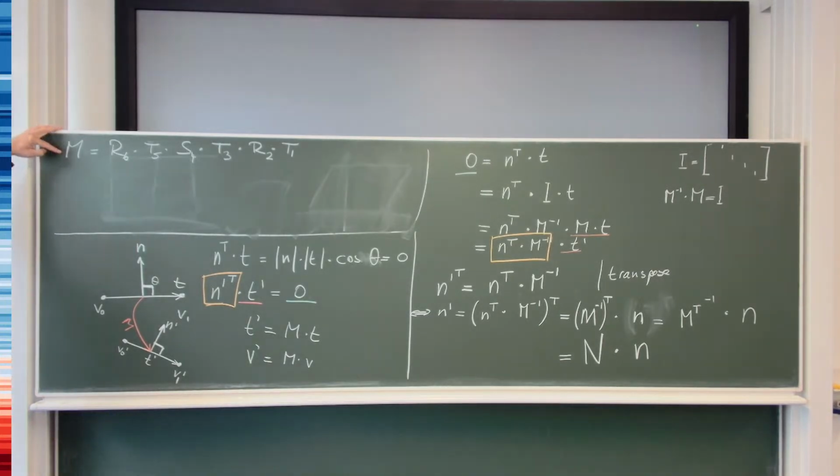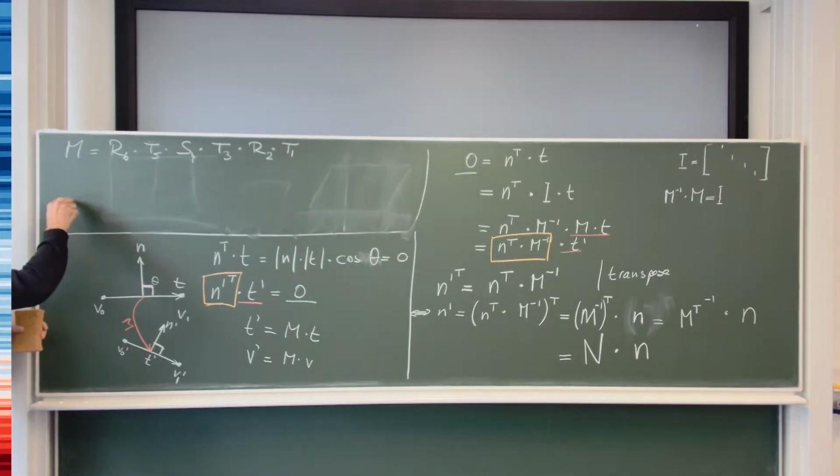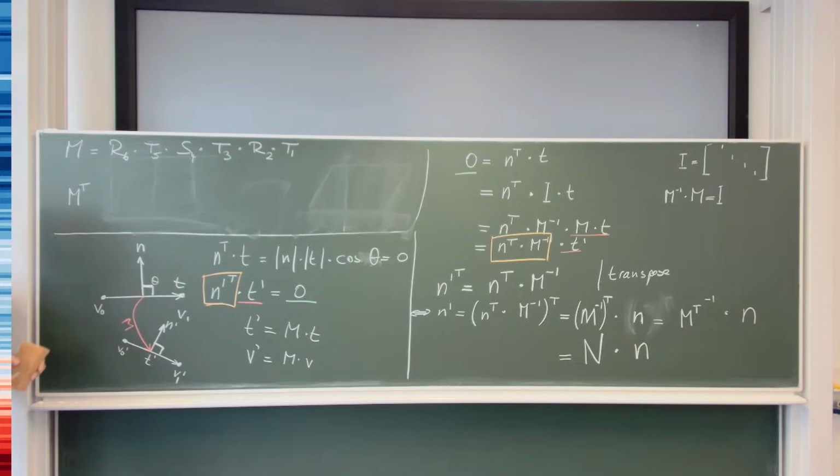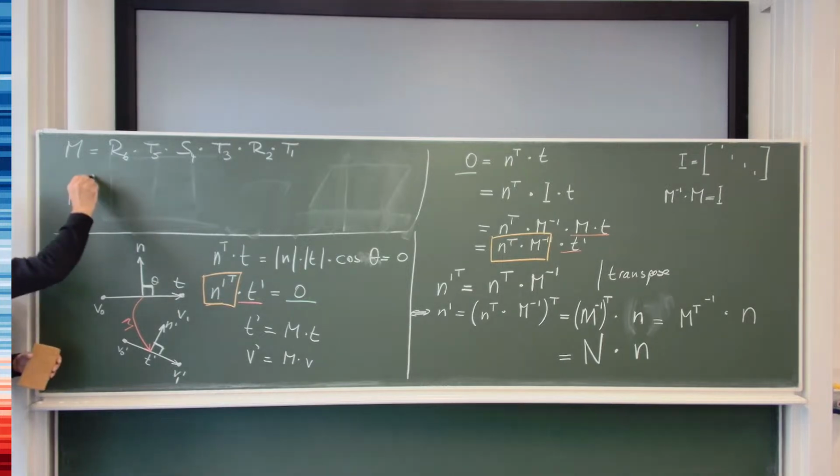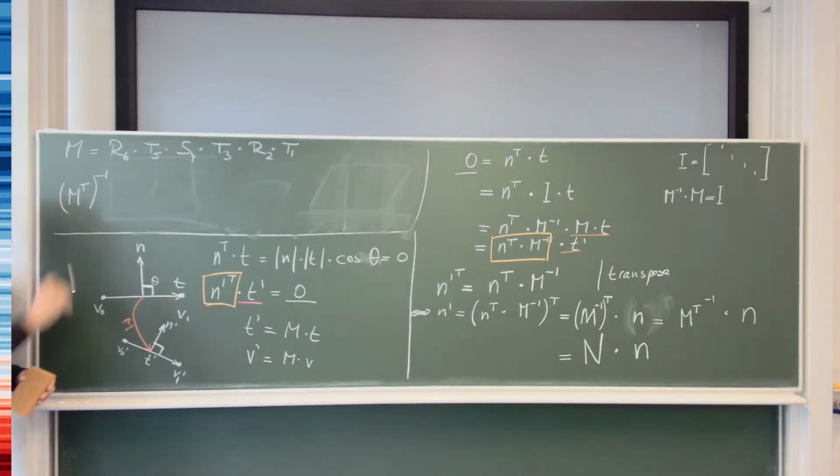We can compute this matrix by just multiplying them together, according to the rules that we know. And then we could transpose it. That's easy, just flip rows and columns. But how to invert a 4x4 matrix?